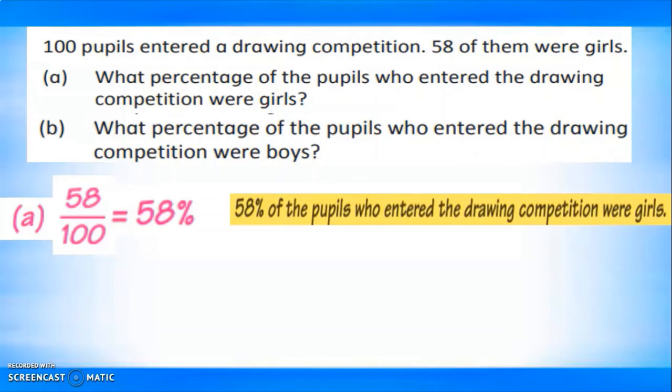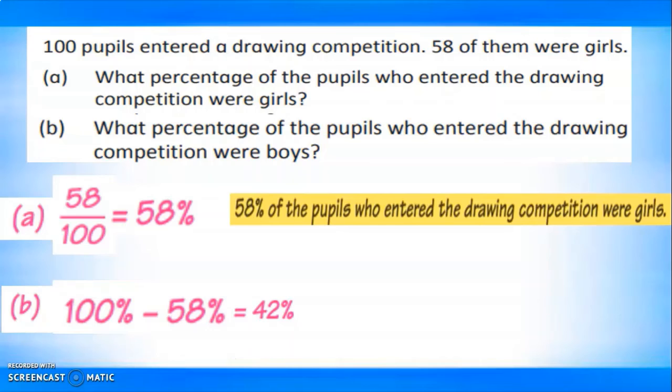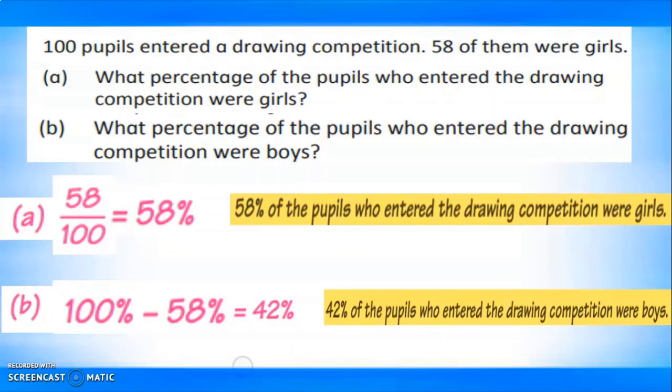Another question, what percentage of the pupils were boys? So altogether, the pupils, we have 100%. And 58% are girls. How many percent are boys? So what we're going to do? We're going to subtract 100% minus 58% is equal to 42%. So 42% of the pupils who entered the drawing competition were boys.